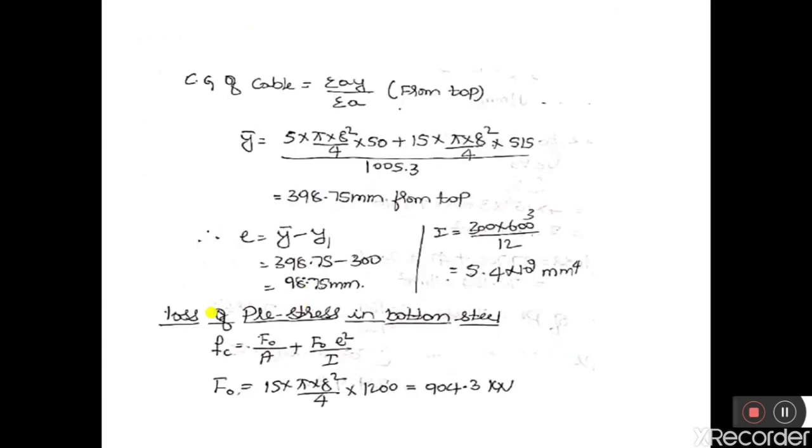So here we have taken the cross section area of the bottom cable because we were calculating the losses of prestress in the bottom steel. So with the bottom steel area and stress in the bottom steel of 1200, we get the prestressing force applied F naught in the bottom steel. So 76.44 Newton per mm square is the loss of prestress in the bottom steel.